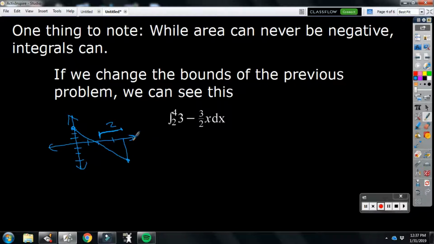So it's 2 by 3 still. It's just the mirror reflection here. But this area is below the x-axis. So that means that this area of my integral will come out negative. So even though area can't be negative, this will evaluate to -3.